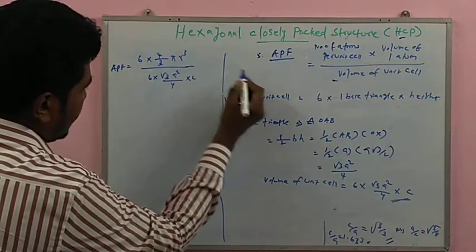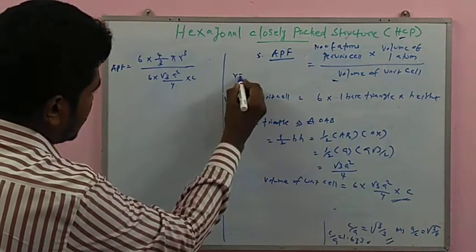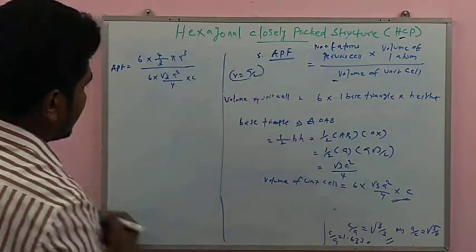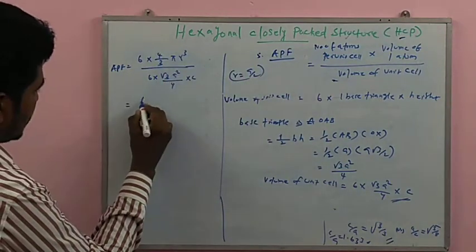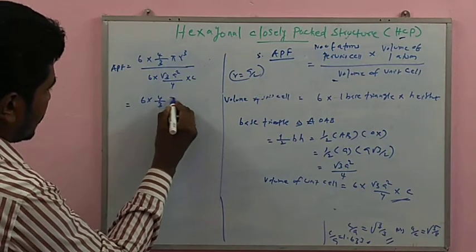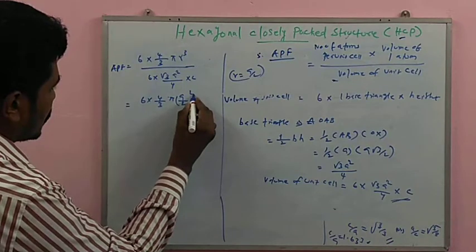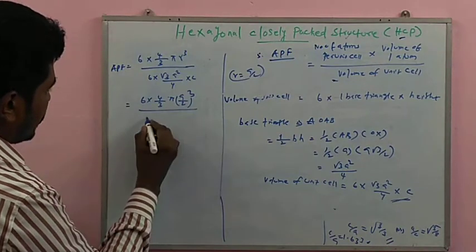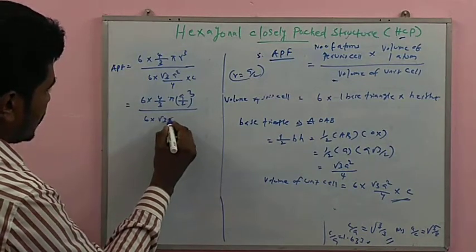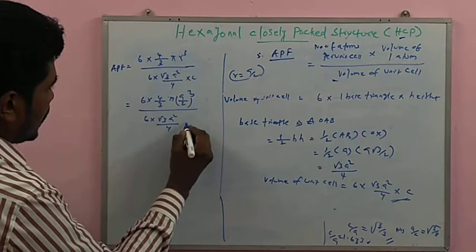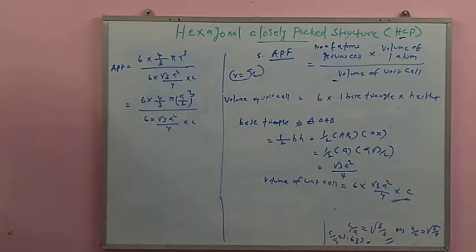Then we already know R is equal to A by 2. So 6 into 4 by 3 pi, then A by 2 whole cube, divided by 6 into root 3 A square by 4 into C.